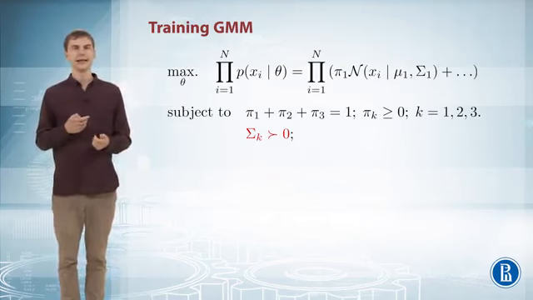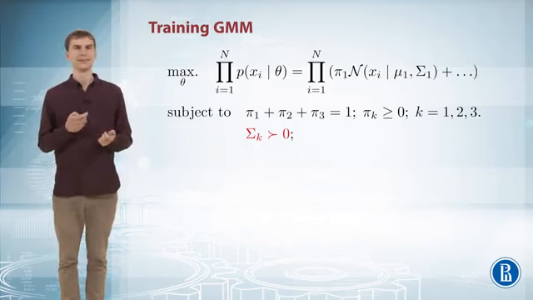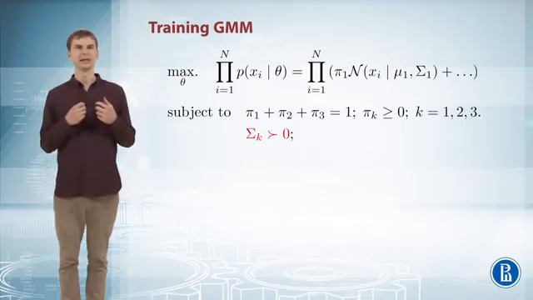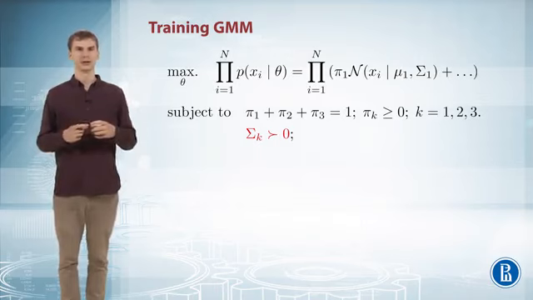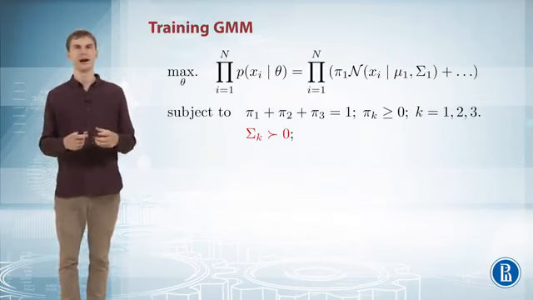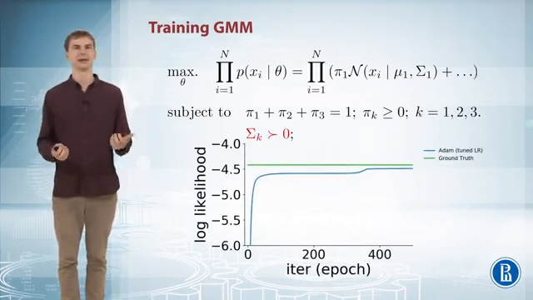Well, it turns out that even if you get rid of this constraint, so if you consider a simpler model, for example, if you say that all the covariance matrices are diagonal, which means that the ellipsoids that correspond to the Gaussians cannot be rotated, they have to be aligned with the axes, then it's much easier to maintain this constraint, and you can actually use some stochastic optimization here.